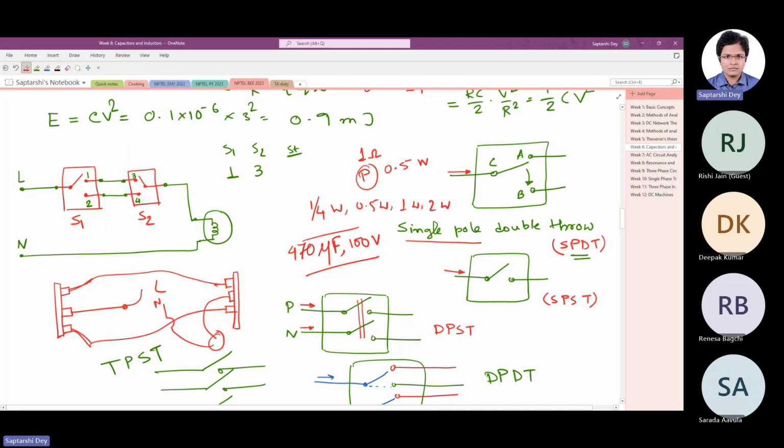Could you understand that in this SPDT switch I can throw at 1 or 2 and the other switch I can throw at 3 or 4?